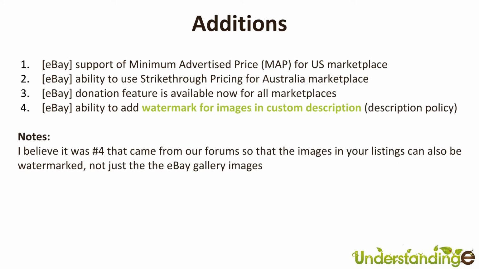Jumping straight into the additions, we've got the MAP, or minimum advertised price, going into the United States. So any of you which sell into the US, then that's going to be in there as part of the next update. Also, strike-through pricing for the Australia marketplace. So Debbie and Jeff, I believe, that will impact yourselves on there. Again, just to give you a background to strike-through pricing, you have to get it enabled by eBay or your account manager at eBay.